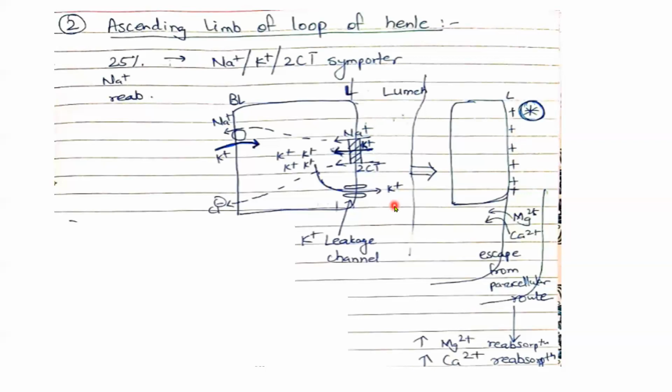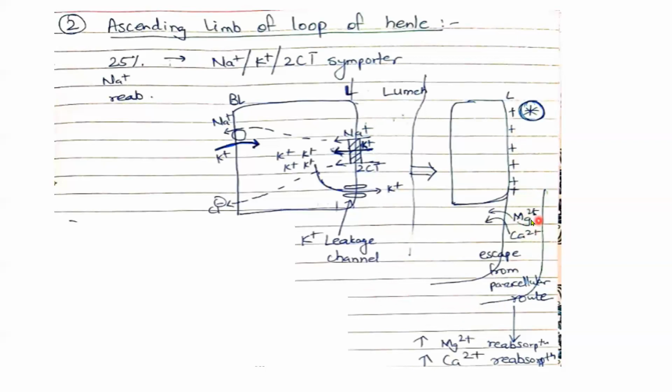As a result, what happens? Now we are discussing normal physiology. As a result, what happens? Just like sodium and potassium coming from the proximal convoluted tubule, a lot of magnesium and calcium also is coming.